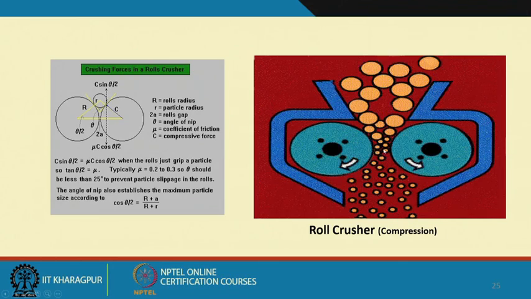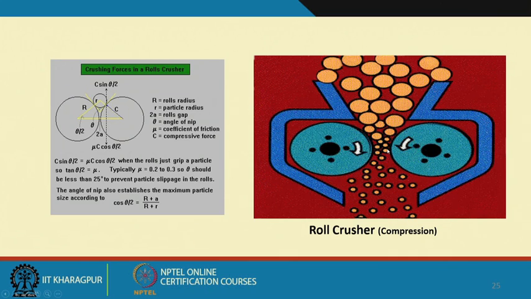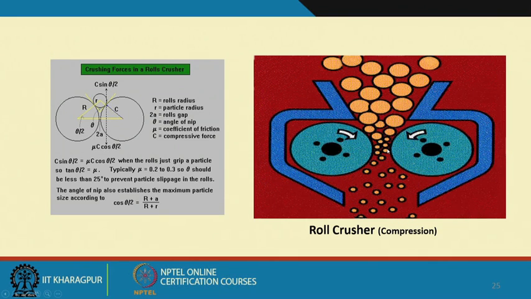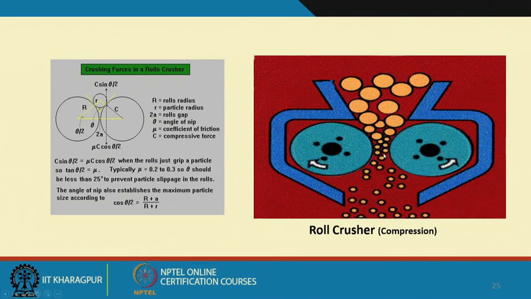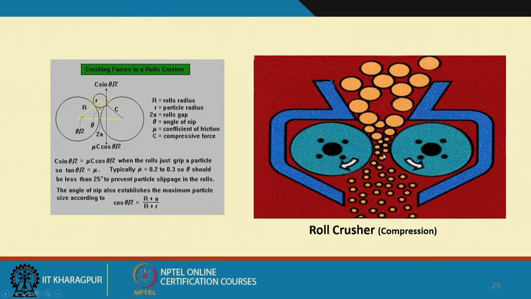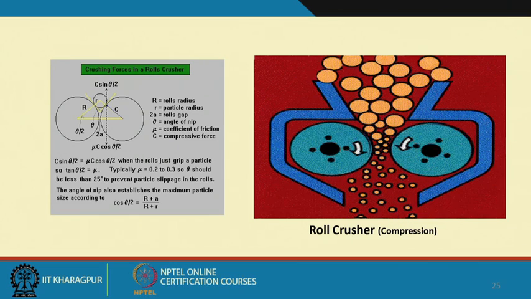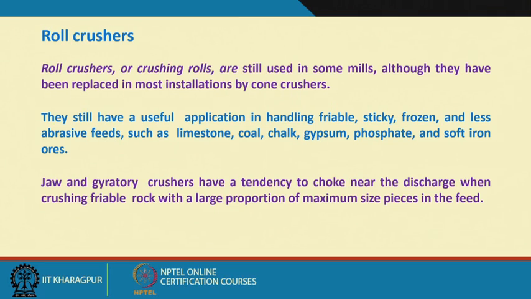Whatever material comes in is nipped and put under a compressive force, and it gets broken. You see that the contact area is only up to this point, and through this point of contact a compressive force is induced on the particles, which are then broken.